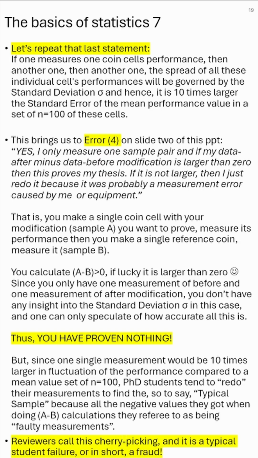Because even if you see an increase in a few coins or many coins, you cannot say you have proven anything if you don't bring the measurement uncertainty into the equation. And when this is done, reviewers will call that cherry picking. That is a typical student failure in the first hand, and in short, it is called fraud.